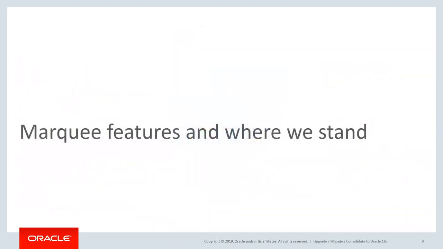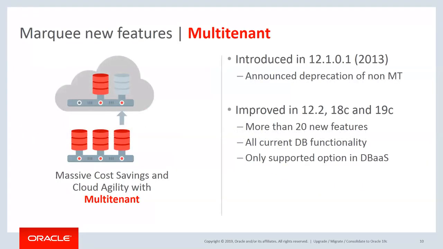So marquee features, what did we introduce and where do we stand? Well, one of the marquee new features introduced in 12.1 was the multi-tenant option, where we basically separated the part of the database that is executing functions from the part of the database that's actually the storing of the data. And we basically needed this because everybody knows that if you have an Oracle database and you want to, for example, upgrade it, you need to move the data around to the new version if you want to migrate it to a new system.